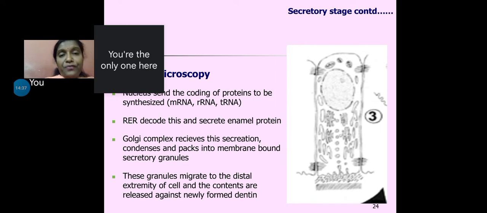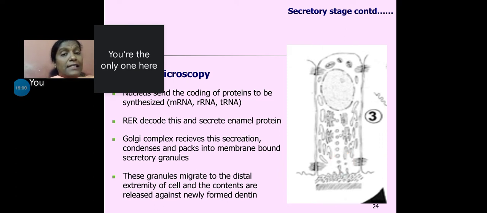To facilitate that, the matrix that is produced is transported as membrane-bound vesicles. The Golgi complex receives this secretion, condenses it, and packs it into membrane-bound secretory granules, as I just mentioned. These granules migrate from the proximal end downwards to the distal end of the cell.